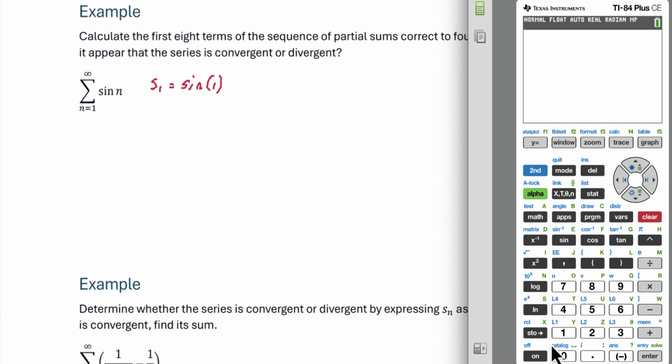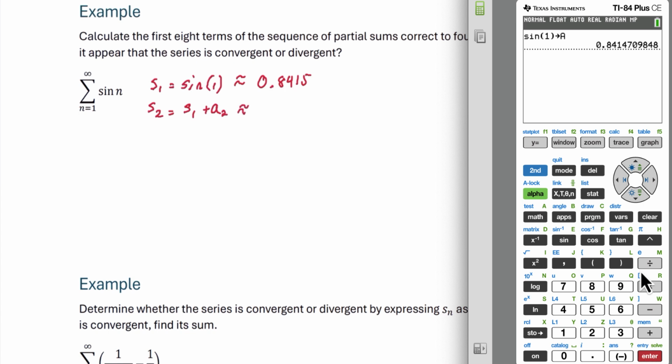We'll again use a calculator to help us with this. Sine of 1, and we'll store that because we need it in the next sum. Here we get roughly 0.8415.